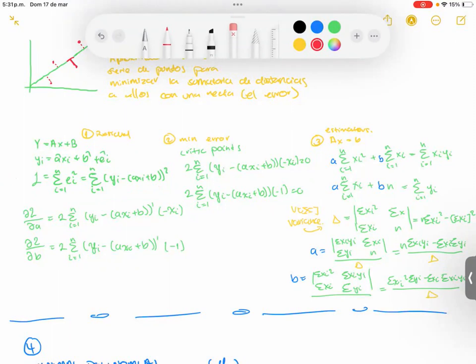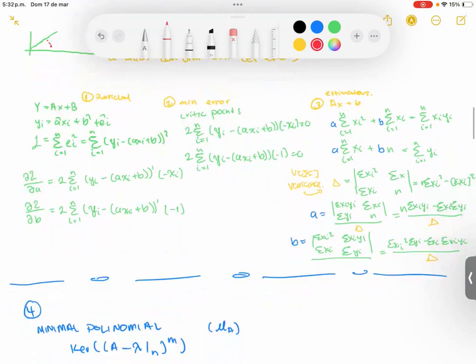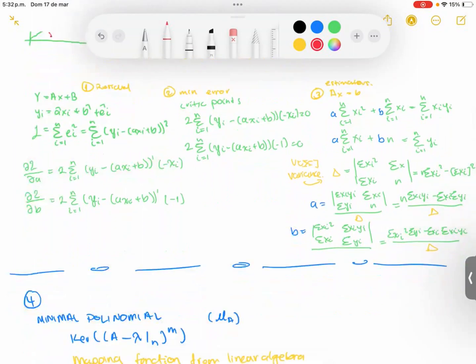You are going to get the partial derivative of the loss function with respect to A, and the same case here, the partial derivative of the loss function with respect to B.